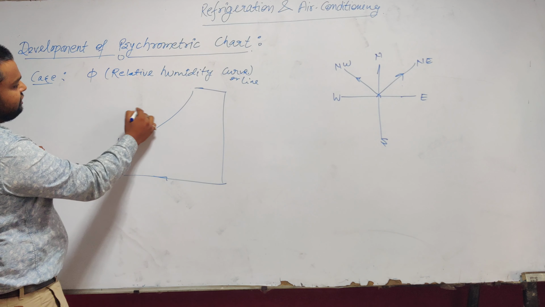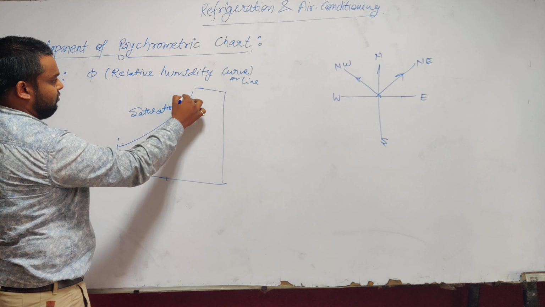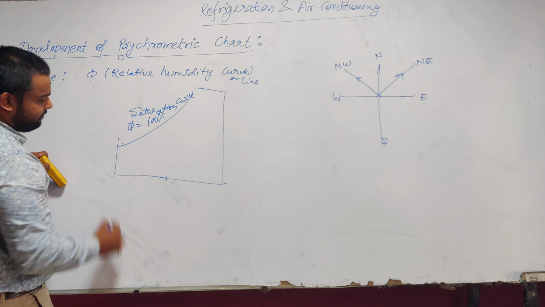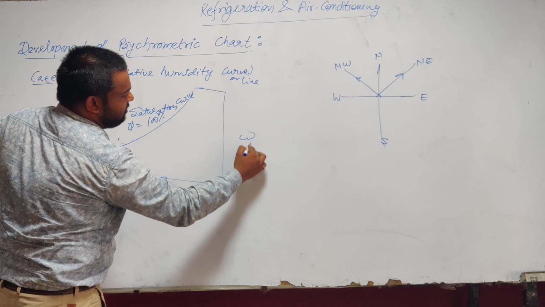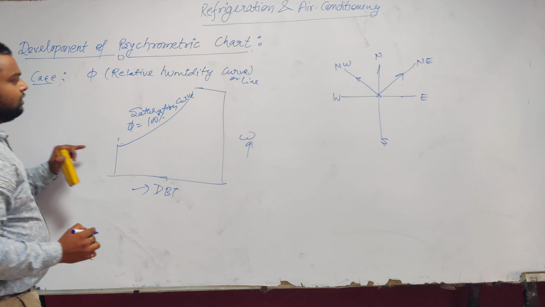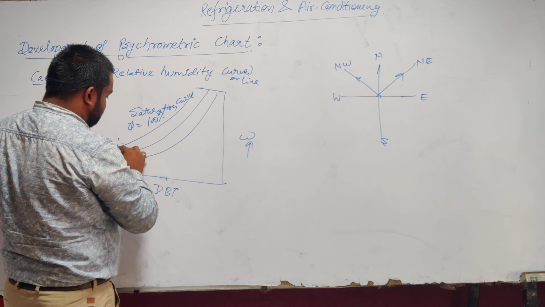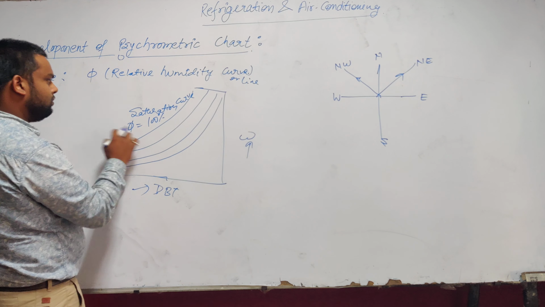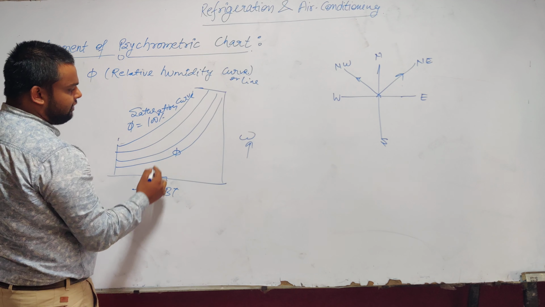This is our saturation curve. Here relative humidity is 100%, and here is DBT, and this is specific humidity. These curves are the constant relative humidity curves.